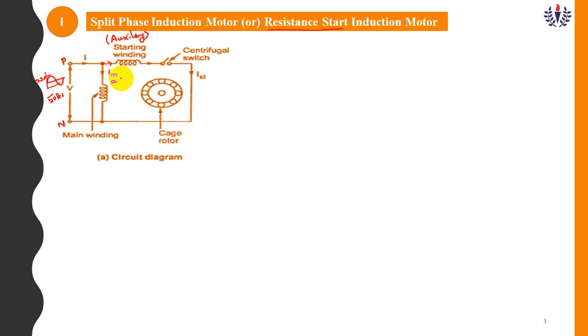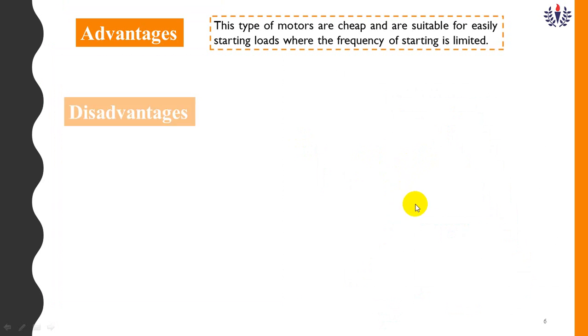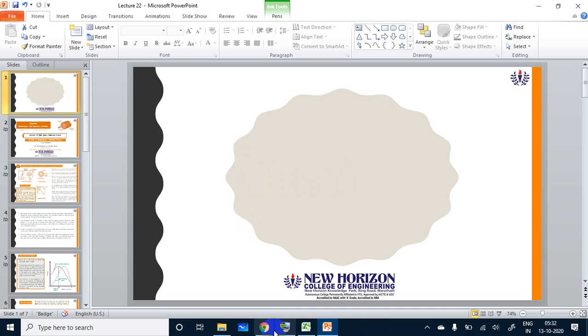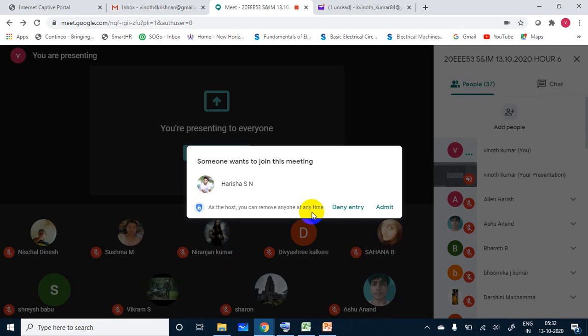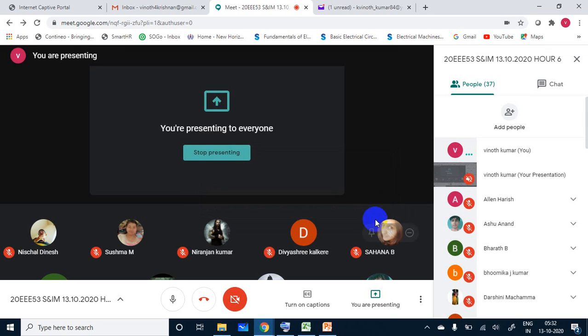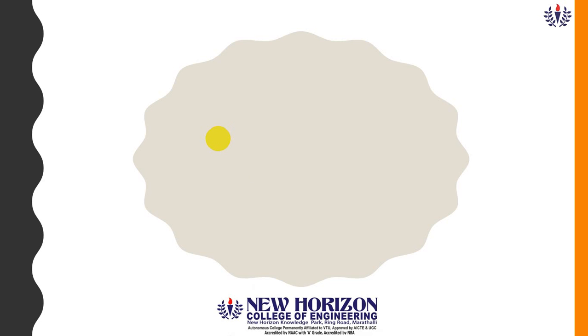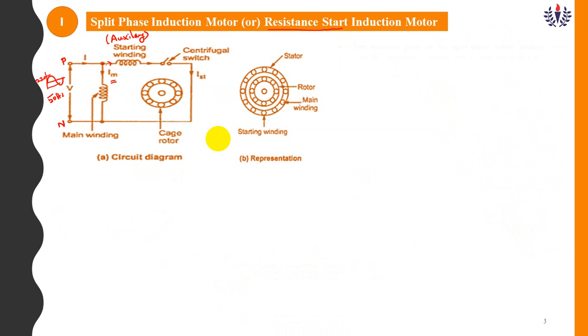Im stands for the current flowing through the main winding.